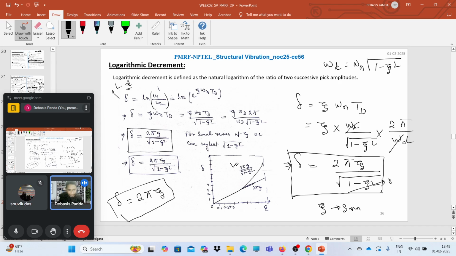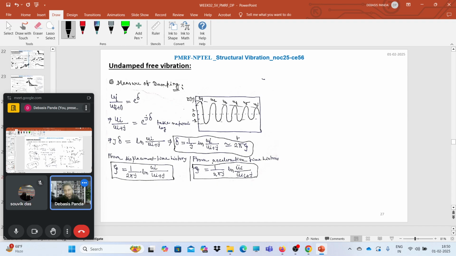Up to higher values of xi it will be linear, and if we consider this term for higher values of xi, it will not remain linear. For the smaller values, we can see there is no difference whether I take that denominator part or not. So for small values of zeta, we can directly say my logarithmic decrement delta is nothing but twice pi xi.